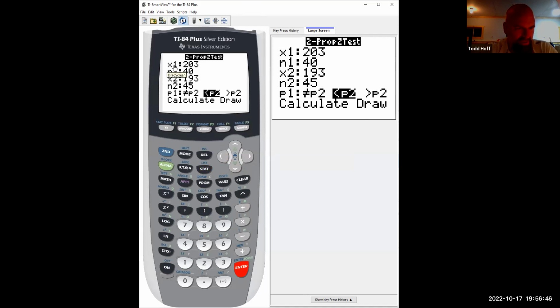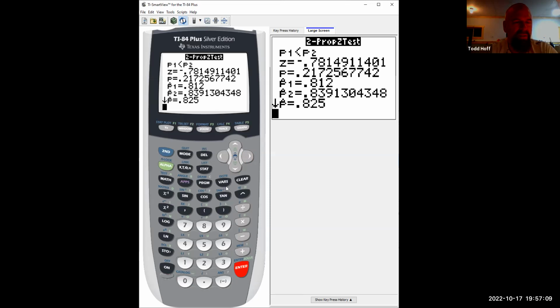Our first, we had 203 successes out of N1 was 250. Our second sample was 193 successes out of a sample size of 230. The alternative hypothesis, once again, was less than, so we can stick with that, and we hit calculate. Well, we get a test statistic of a negative 0.781 and a p-value of 0.217.